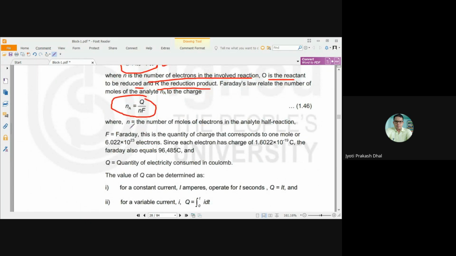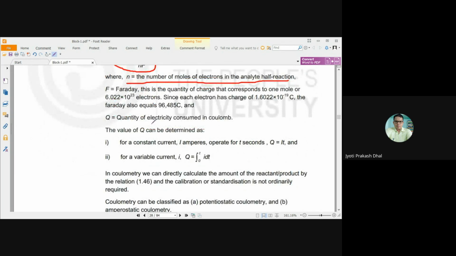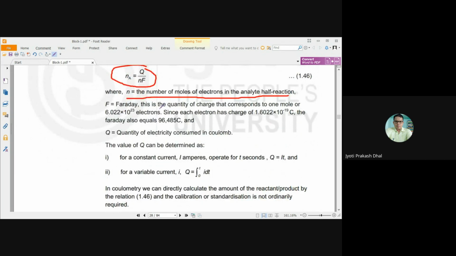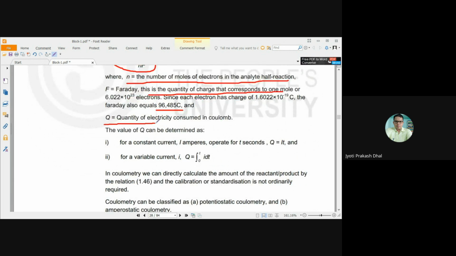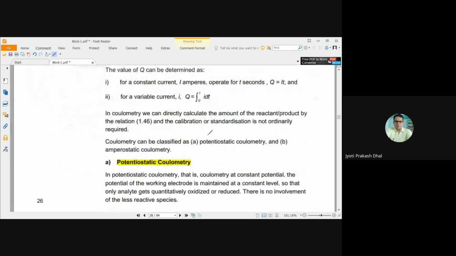Here n is the number of moles of electrons in the analyte half reaction, and F is 1 Faraday, the quantity of charge corresponding to 1 mole of electrons, that is 96,500 coulombs, and Q is the quantity of electricity consumed in coulombs.